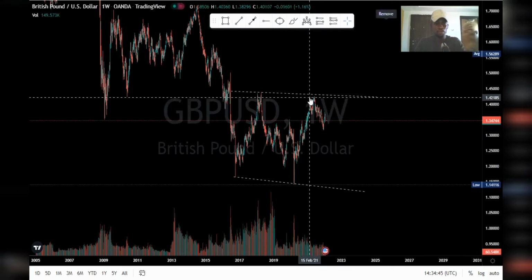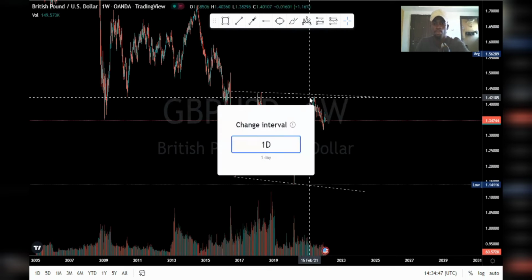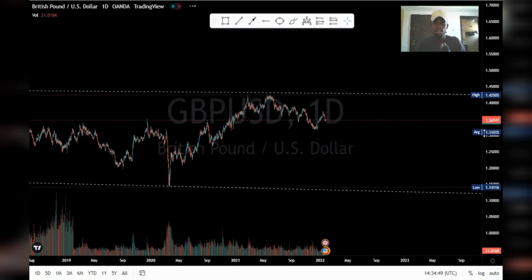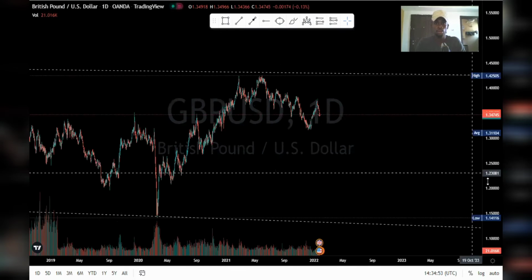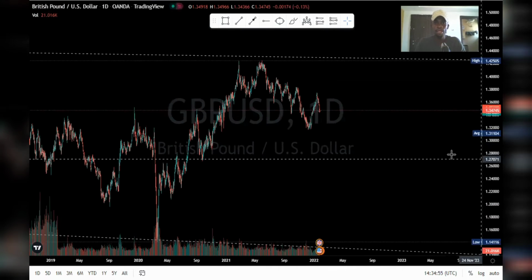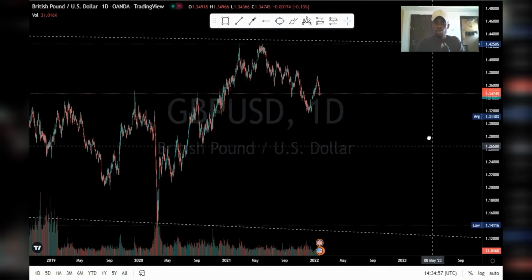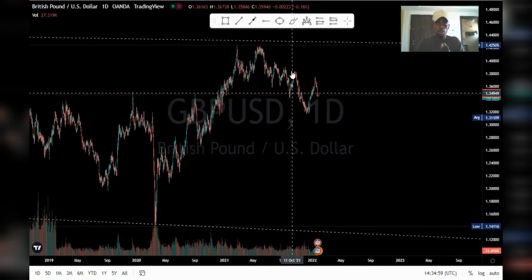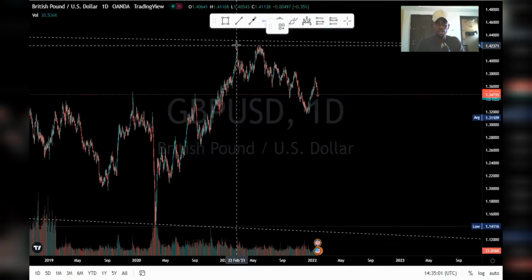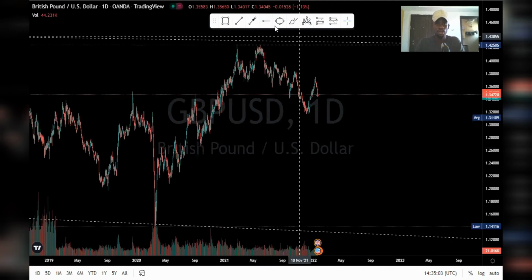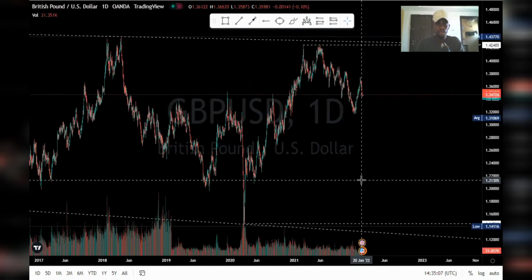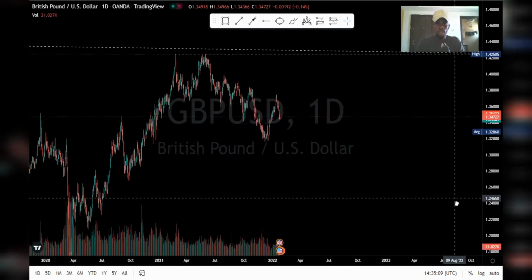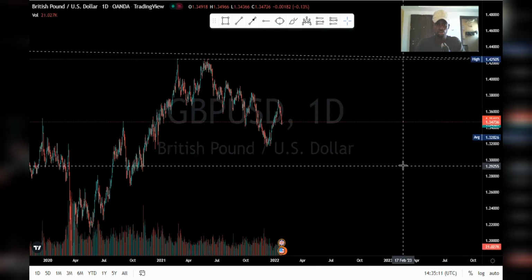So now I'll move to my daily time frame and see what we have. On my daily time frame, I'll note my highest point and my lowest point. This is my highest point and this is my lowest point somewhere here. Let's see if we have a structure.